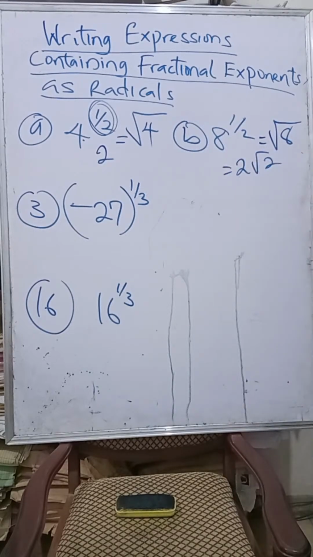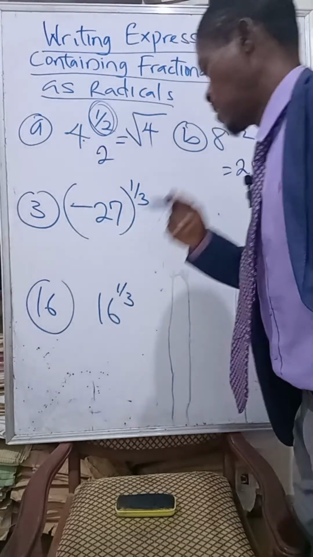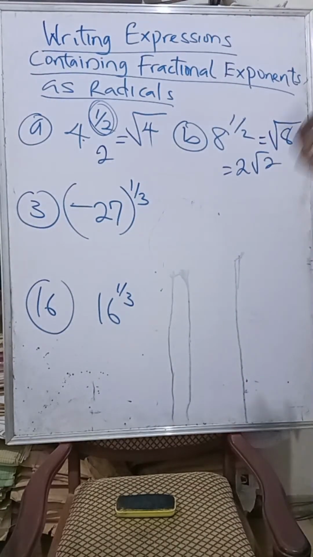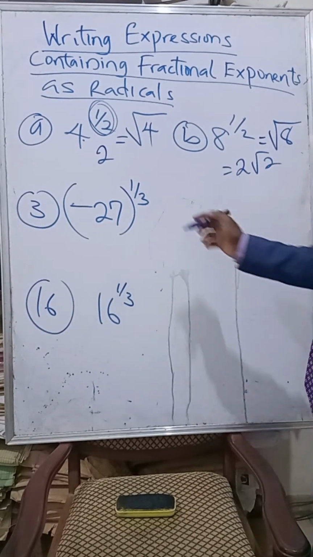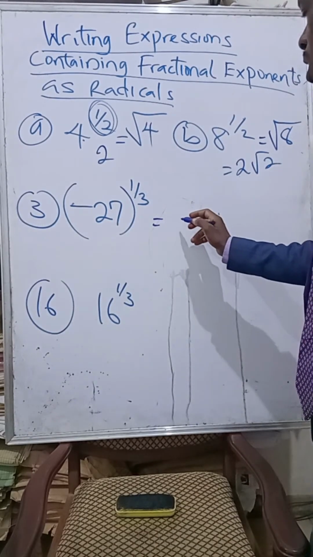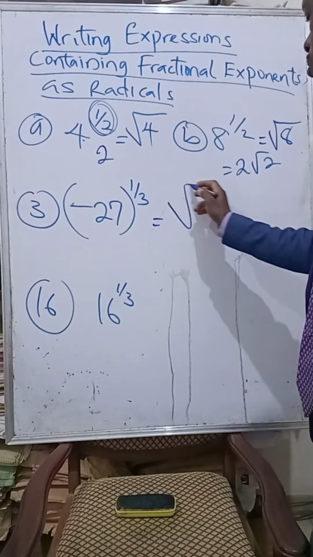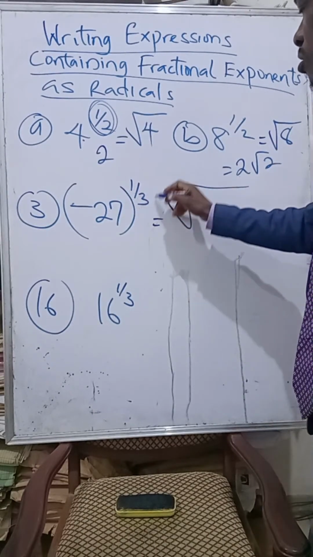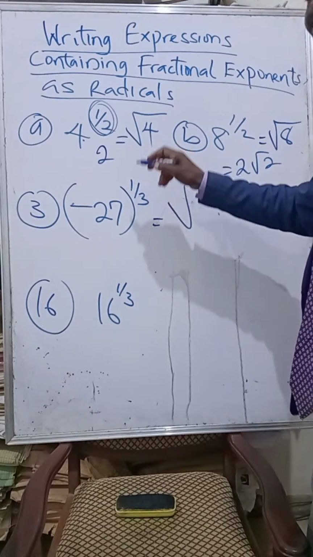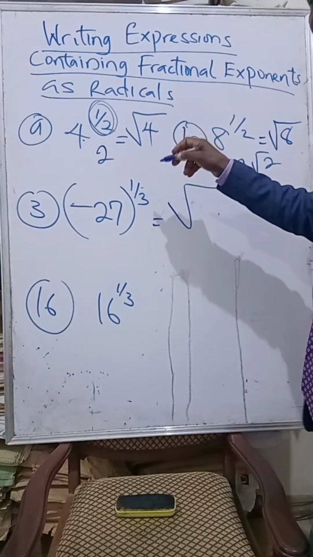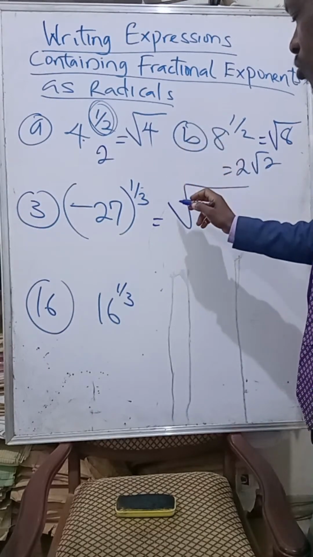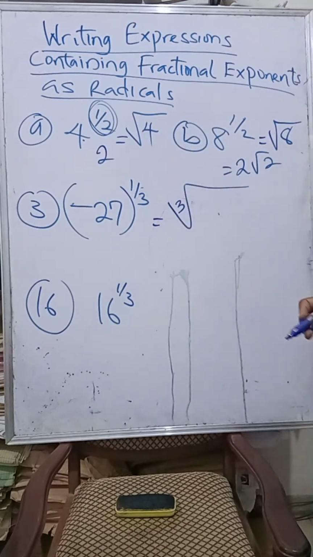So that's 2√2. This one, actually we can solve it in many ways. This will be equal to the exponent is 1/3. The denominator of that exponent will be inside the roots.